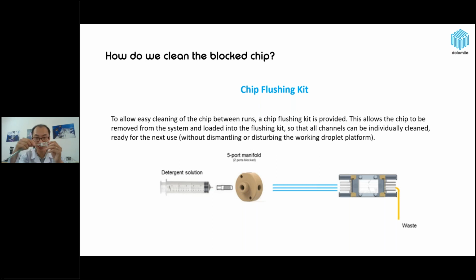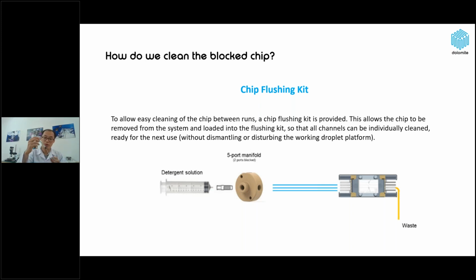This is a very simple setup that you can make with only tubing, a syringe, connectors, and the linear connector with the edge interface or top interface. So you can easily make it and use it as a cleaning kit.